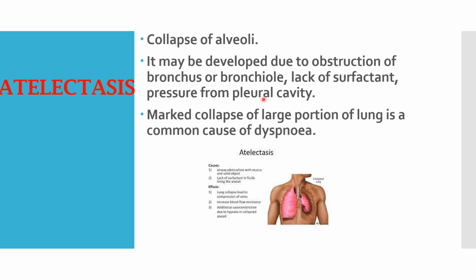In the previous slide I showed you, if the pleural cavity is filled with air or fluid, it will cause pressure which will decrease the size of the lung. Marked collapse of a large portion of lung is a common cause of dyspnea. In this picture of atelectasis, you can see airway obstruction with mucus or solid objects is the main cause, and also lack of surfactant. So there is decreased size of the lung.